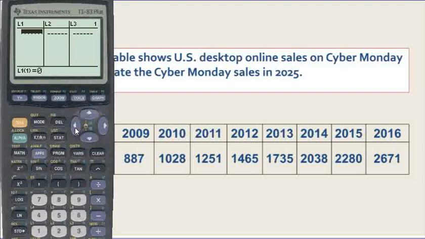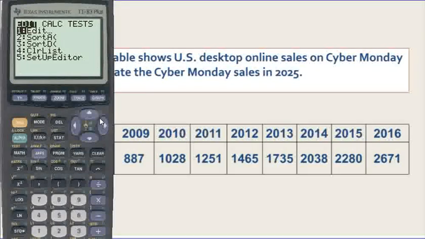Okay, we start with 0, 1, 2, 3, 4, 5, 6, 7, and 8. And then we have 887, 1028, 1251, 1465, 1735, 2038, 2280, and 2671.